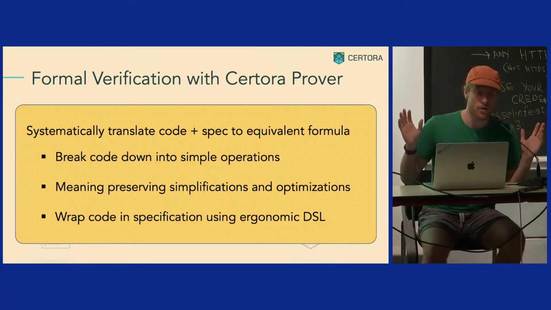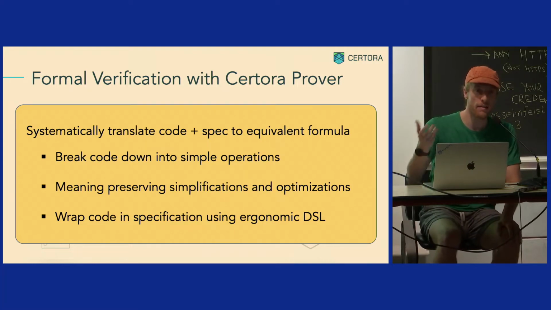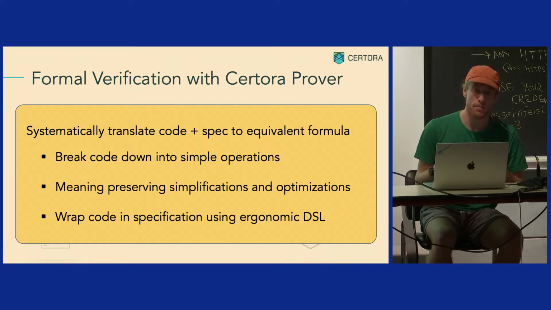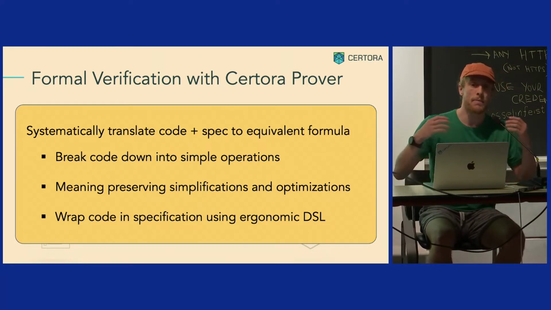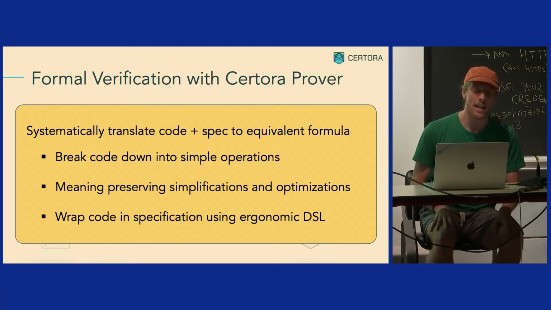So kind of the high level steps here. We take the Solidity file, compile it, and break it down to a bunch of simple operations. So that's partially done by the Solidity compiler, and then we have some other simplifications that we do. We also do some optimizations, and all of these simplifications and optimizations, we're very careful to make sure they preserve the meaning of the program, because obviously if they didn't, we would be proving nonsense.